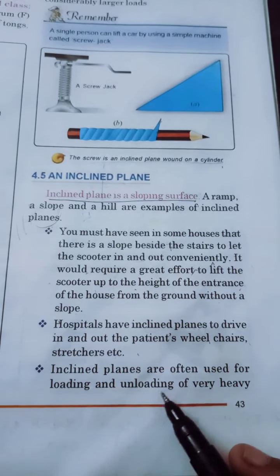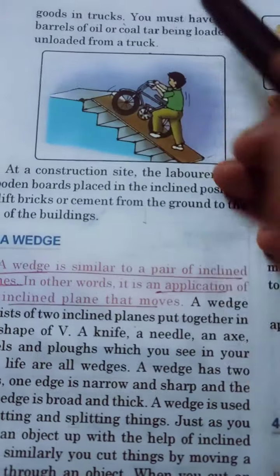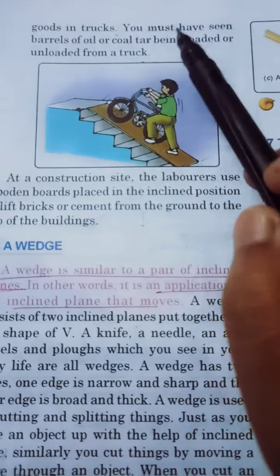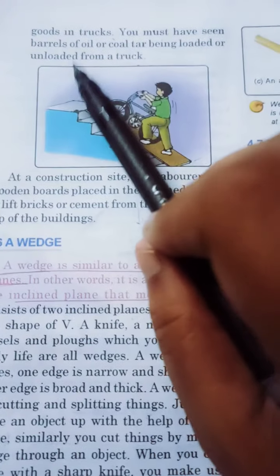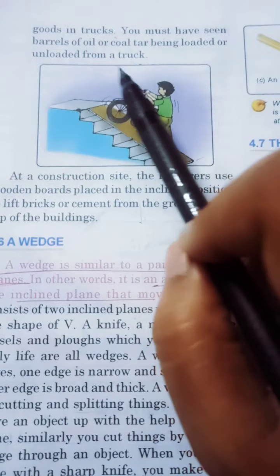Then inclined planes are often used for loading and unloading of very heavy goods in trucks. So you must have seen barrels or oil or coal tar being loaded or unloaded from a truck.